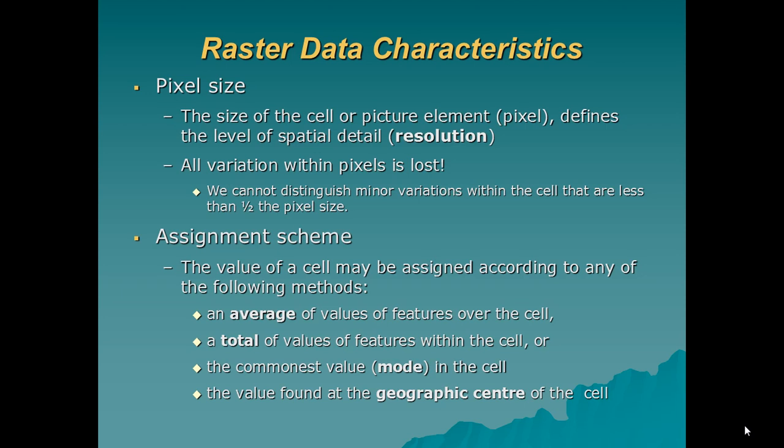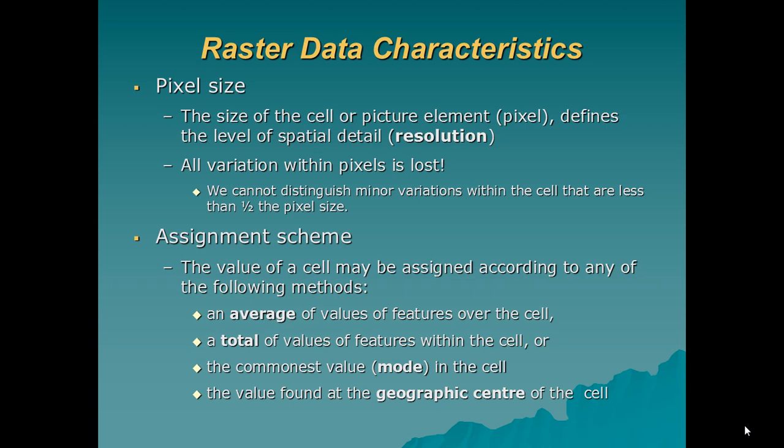When we talk about raster data and cells, one of the things we would be most concerned with is pixel size. A pixel is the size of the cell, or the picture element, that defines a level of spatial detail. In other words, resolution. This term resolution is not new to you, so we are just reinforcing it.